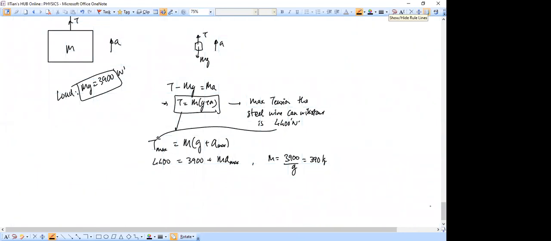Now let's move on from that to the 15th. The 15th is more about the language of kinematics.